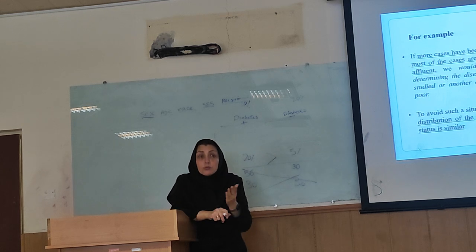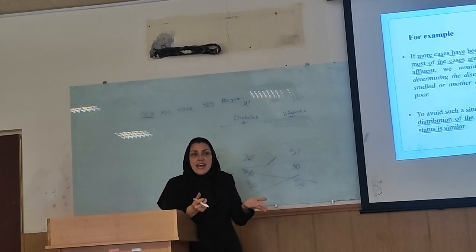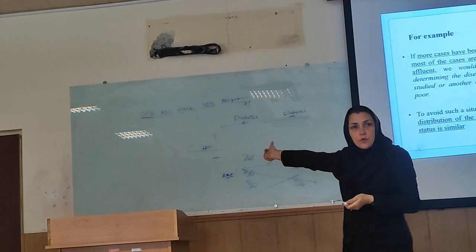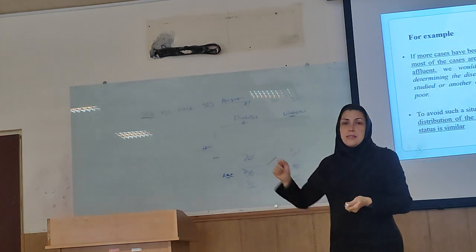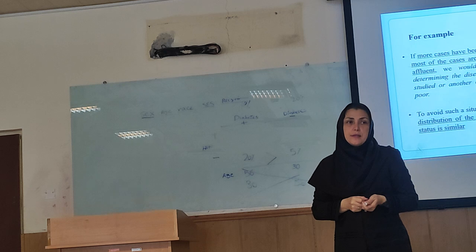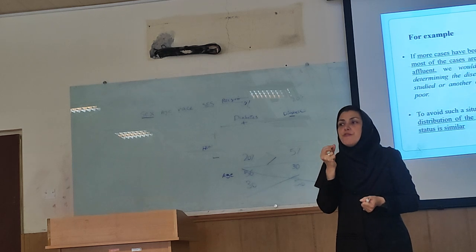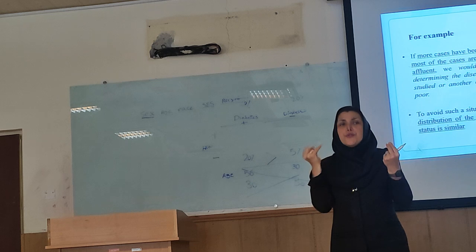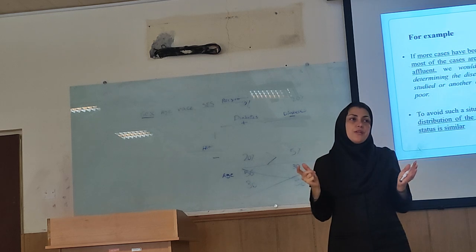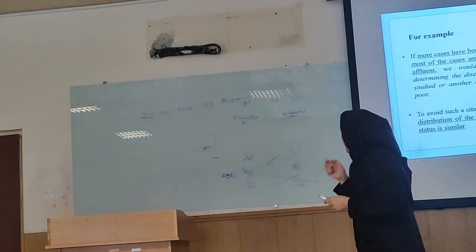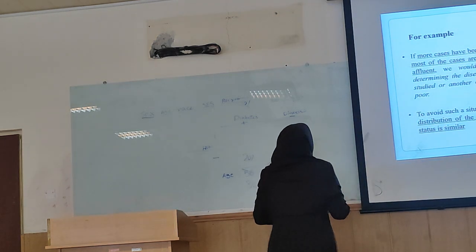It is so difficult. We cannot wait to find an exact control with these characteristics. So we just match for 1 or 2 or a maximum of 3 factors. It is a type of matching.